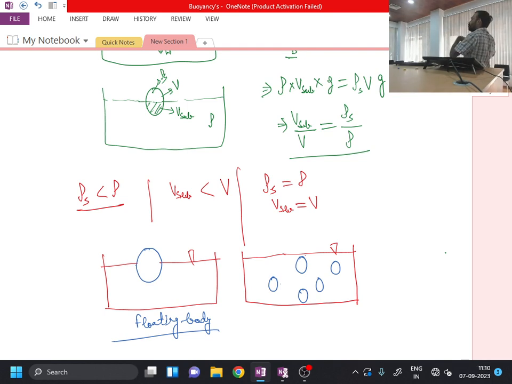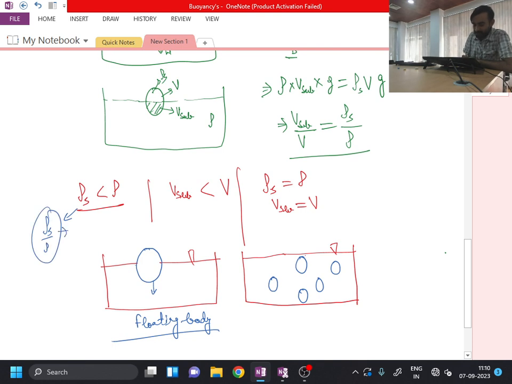Okay, whether you displace the body to whatever depth, anywhere you put this body, what will be happening? If I try to move this body in downward direction, it means I am increasing the submerged volume. But it will try to resist and decrease the submerged volume, and it will try to maintain the ratio of rho s by rho as submerged volume by total volume.